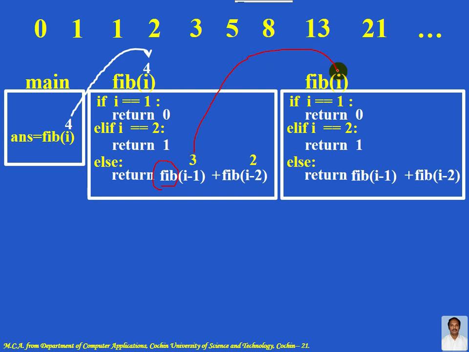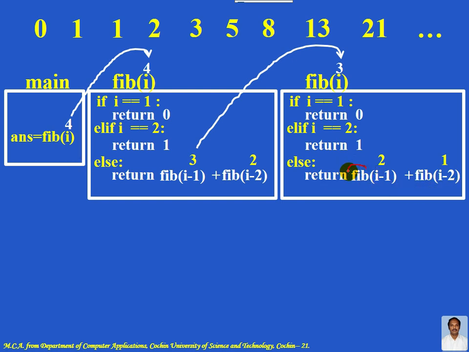So here 3 is passed to the function. So now your variable I contains 3. Now 3 equal to 1, wrong, 3 equal to 2, wrong, control comes to else part, return fib(3 minus 1), fib(2) plus fib(3 minus 2), fib(1). That is, return the second term plus the first term.